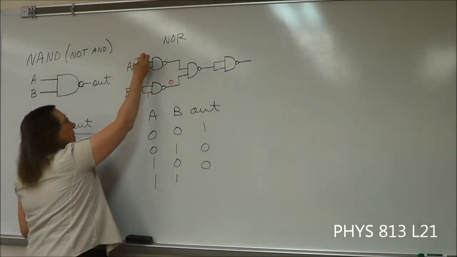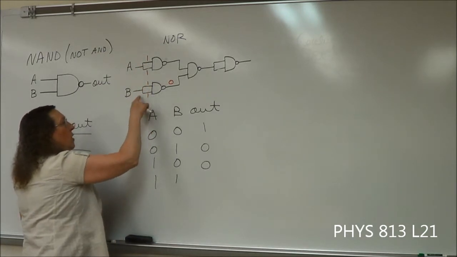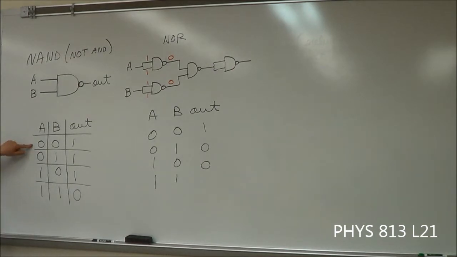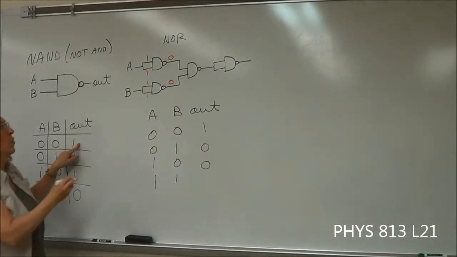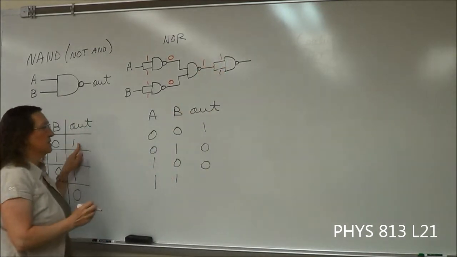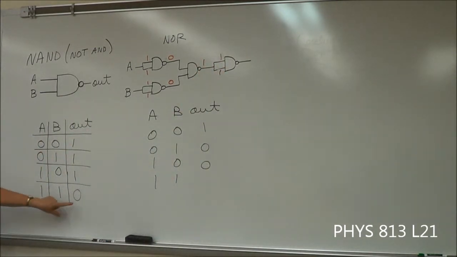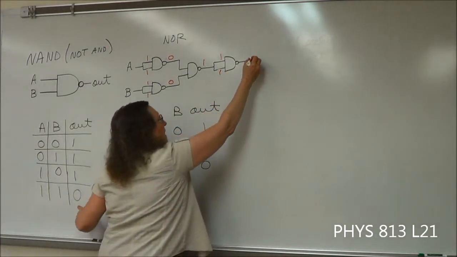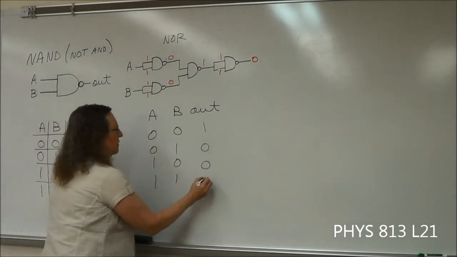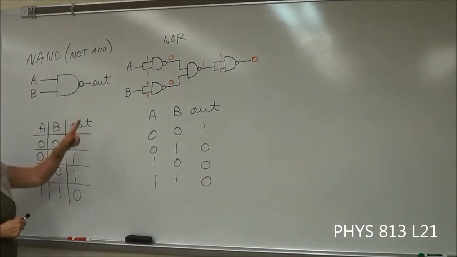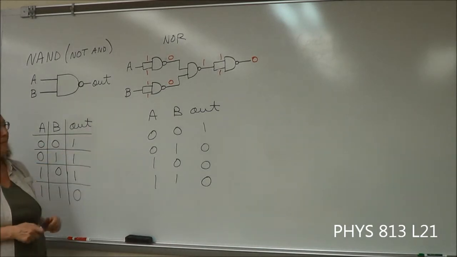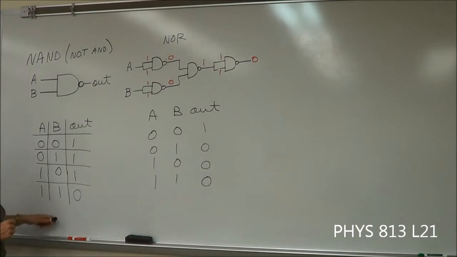So I will put my 1 and 1. Since 1 with 1 gives us 0, we'll do that. Then we look back over here. 0 with 0 gives us 1. So this is a 1. The 1 goes to both places. So 1 with 1 gives us a 0, and we have an output of 0. So we can put our 0 here. And if you look back to the NOR gate, when we did the NOR to begin with, you'll see that this is the truth table that we got.